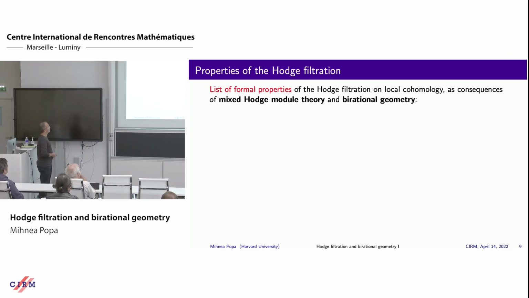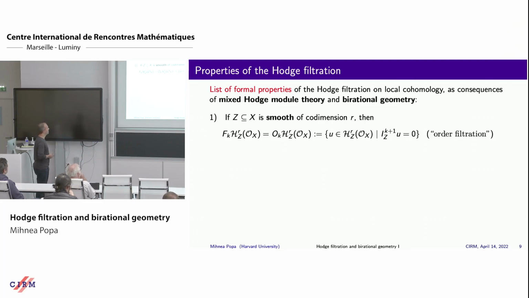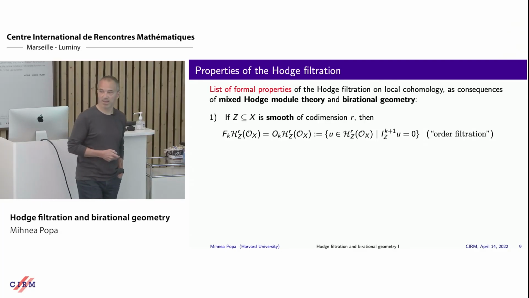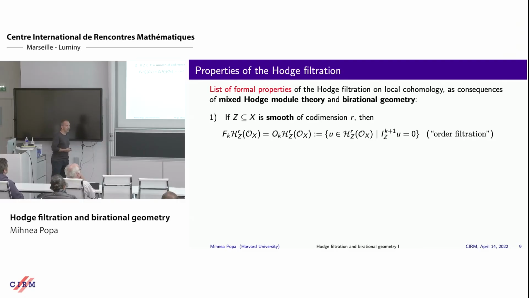Okay, so the first question to ask, I guess, is what happens when Z is smooth? This is the simplest case, and we should be able to describe it explicitly, and indeed this is the case. There's a much simpler filtration that you can imagine on local cohomology, which I'm calling, kind of ad hoc, the order filtration.